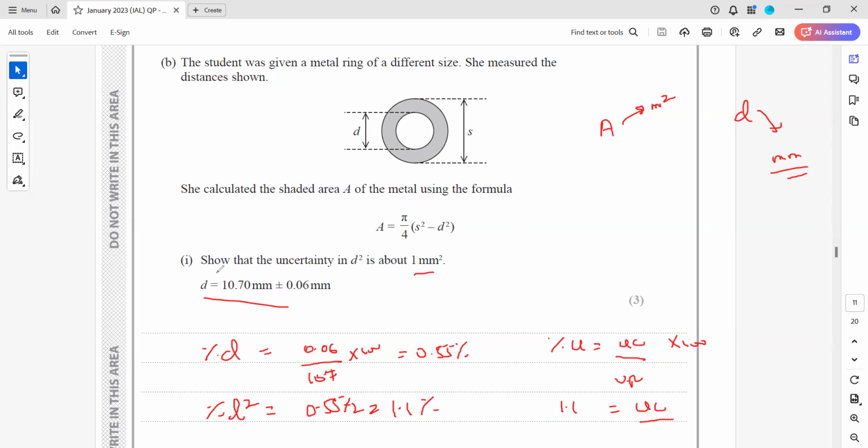The uncertainty we don't know, and the value we recorded was 10.70, times 100. Cross multiply: 1.1 multiplied by 10.70 divided by 100. This will give us the uncertainty in D square, which is about 1.26 millimeters square, which is about 1 millimeter square.